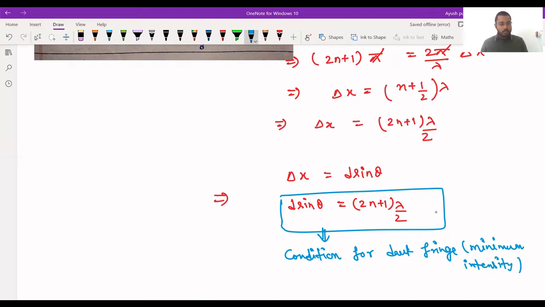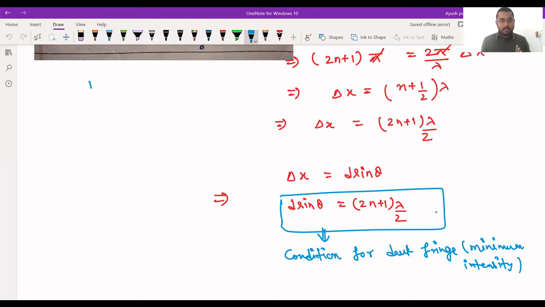As you know from the discussion of interference, the minimum intensity means zero intensity if the intensity of the two individual waves are the same. And in Young's double slit experiment, we have taken the intensity of these two waves to be the same. The maximum intensity will then be 4 times the intensity of the individual wave.